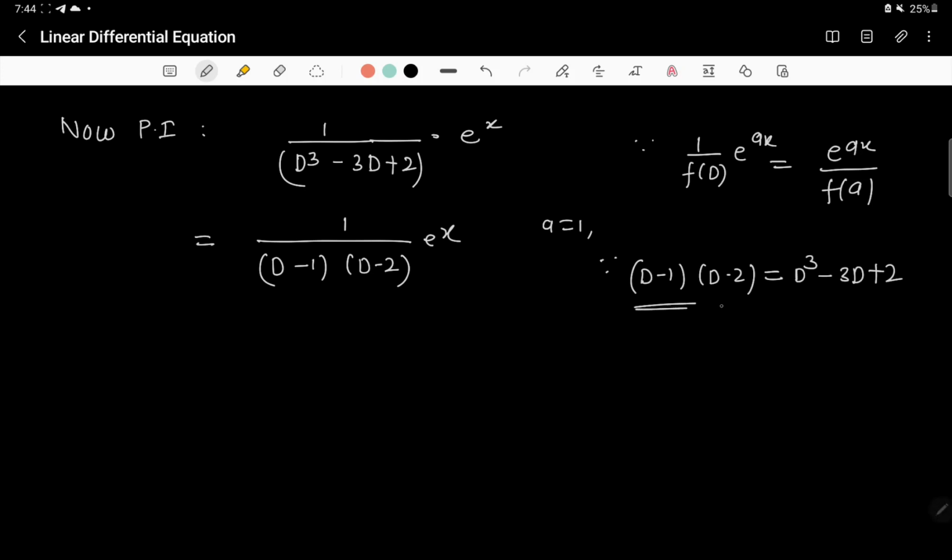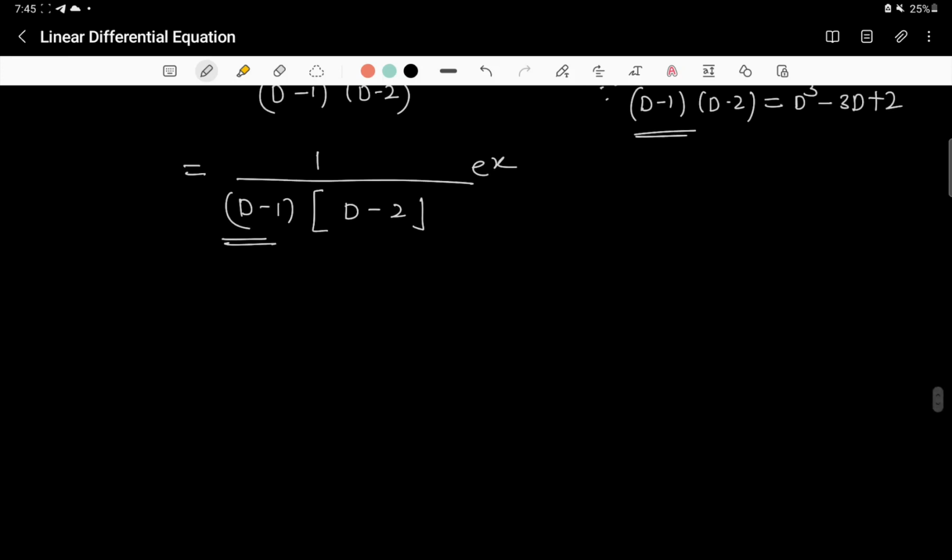Now if we put 1 here, it becomes 0, so we keep the d minus 1 factor outside, and solve with e to the power x.